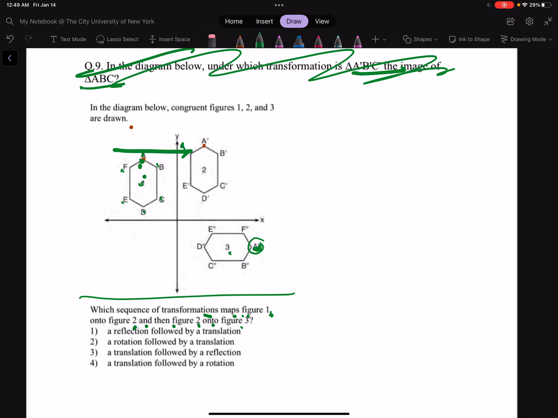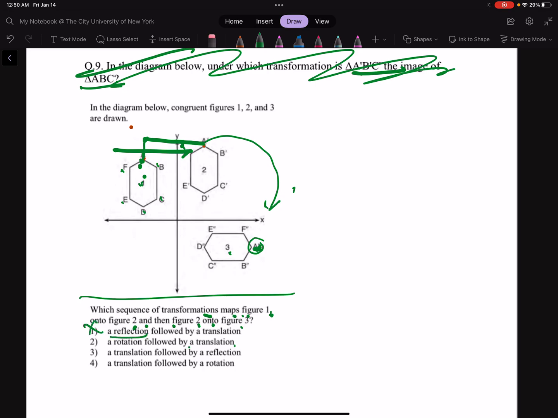It looks like a translation first. From here this should go up, and then it should move this. And then this is rotated. So it's not a reflection.